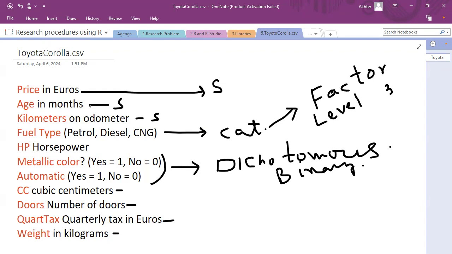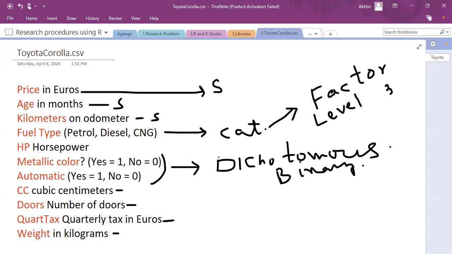For example, we can compare the prices of different cars: whether the prices of petrol cars are higher, or diesel cars, or CNG cars. Which of these three categories has higher prices than the others? These procedures need one categorical variable and one scaled variable, the price variable.